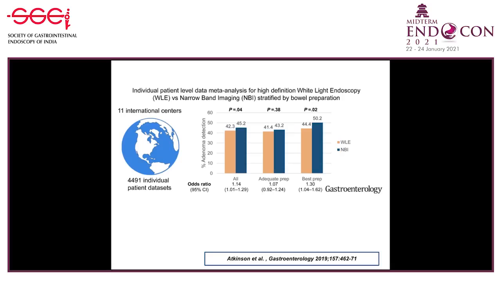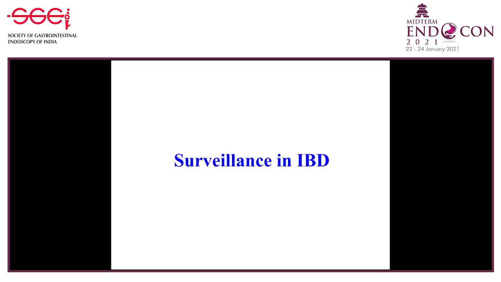So obviously you need to have good bowel preparation to pick up the subtle or the small lesions. Okay, so based on current evidence, we can say that NBI is better than white light endoscopy in surveillance of lesions as well.